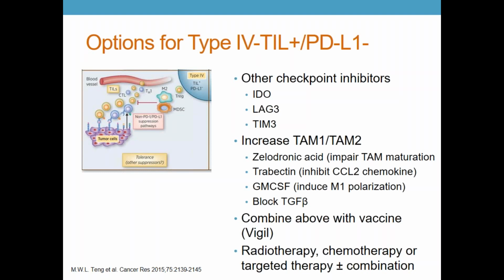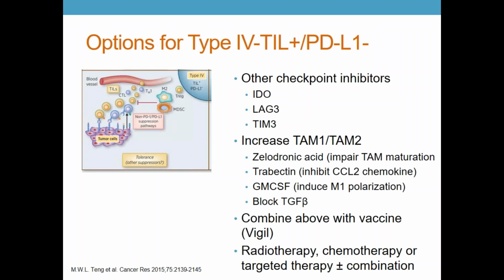I had mentioned that there may be other checkpoint inhibitors to look at. We may want to target LAG3. We may want to target TIM3. IDO can be overexpressed in these. All of these are basically proteins that will inhibit an immune response.